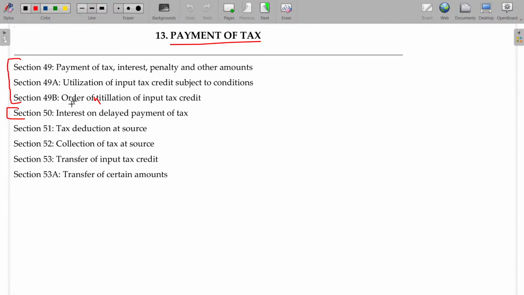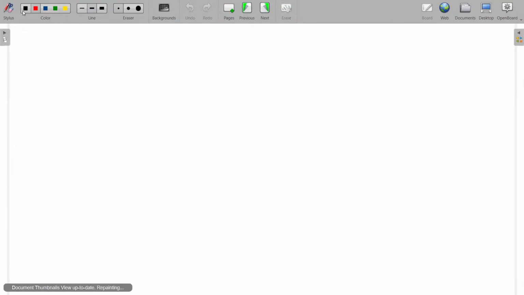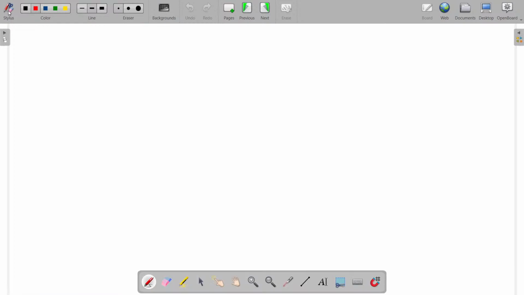Now, when you want to pay the tax, you need to have three accounts with the GST department. Clear?